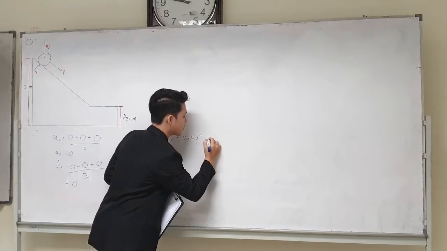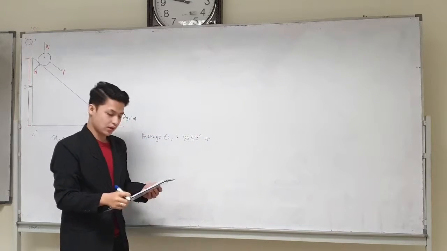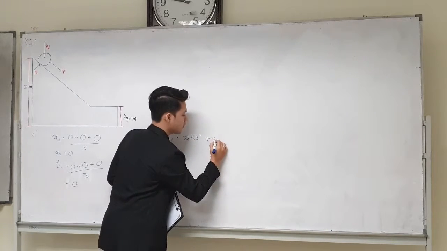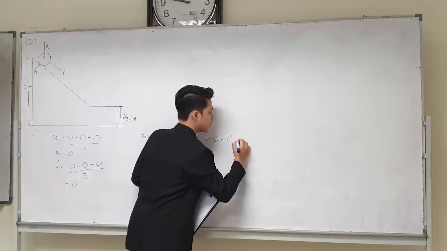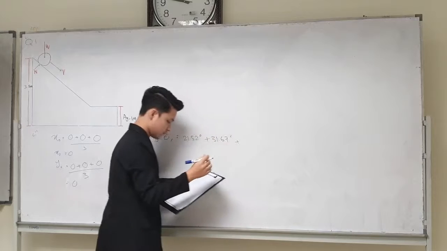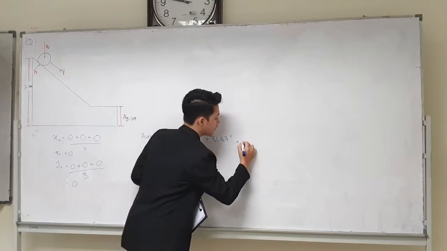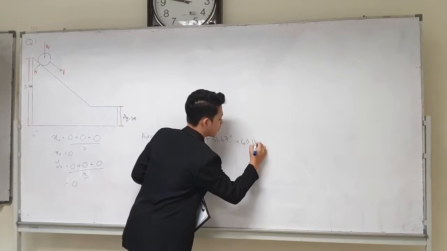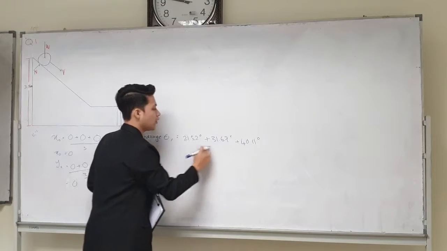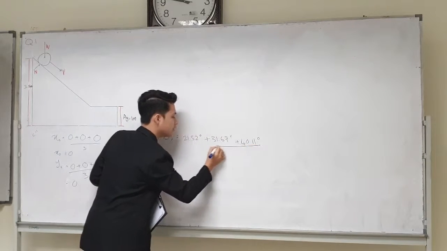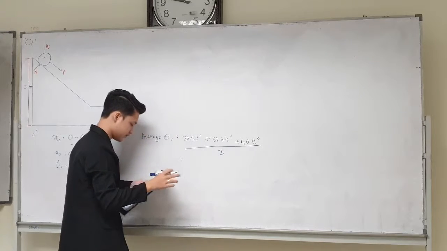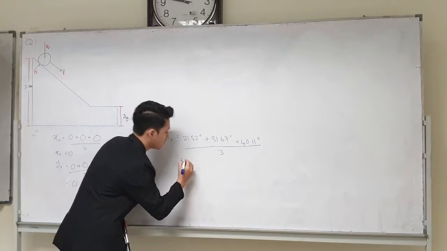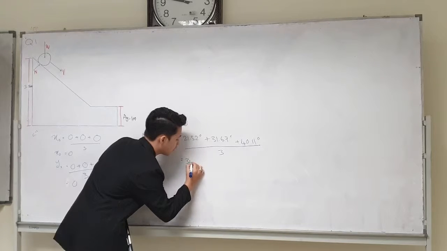For the second angle, we use 31.67 degrees, and for the third angle we use 40.11 degrees. We add all 3 and divide by 3 to get the average of theta. So here we get 31.1.